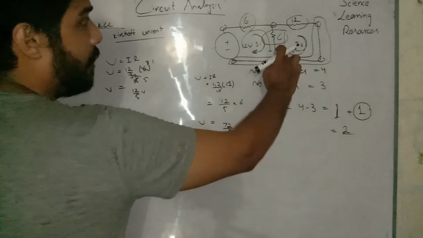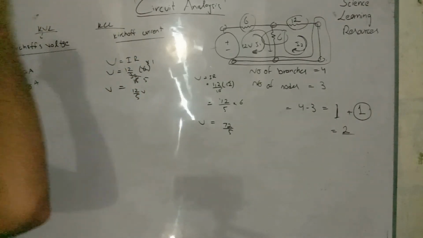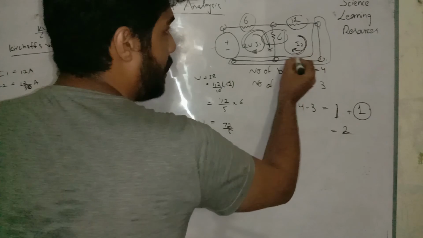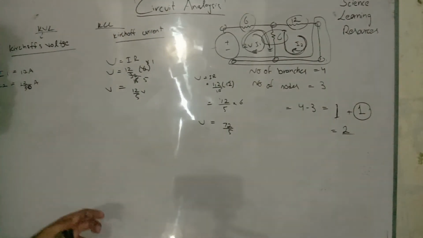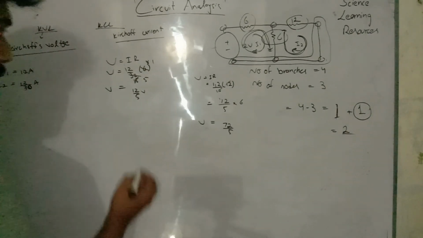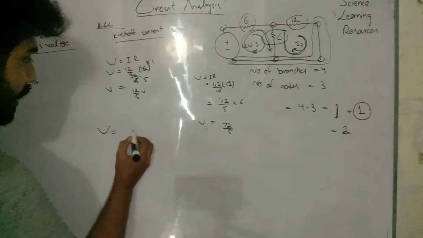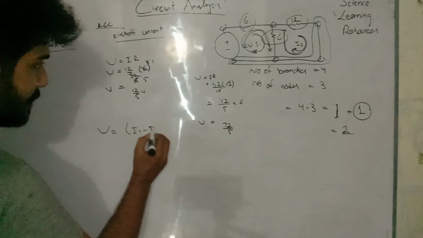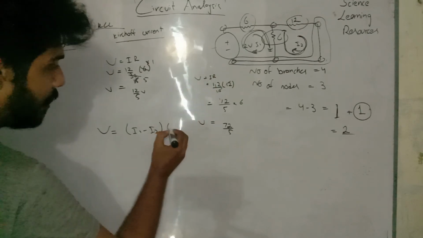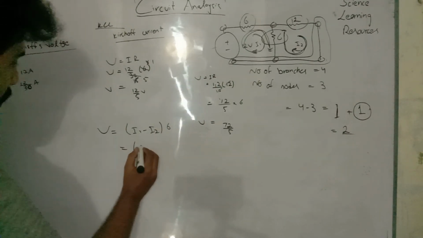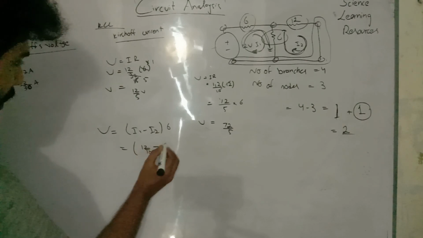And now here, in order to calculate the voltage here, you have to see that one current is flowing in this direction, another current is flowing in that direction. So we have to subtract I2 from I1 in order to calculate our voltage. So we are applying V equals I, which will be I1 minus I2, times the resistor value here, which is 6. What was I1? I1 was 12 over 10, and what was I2?